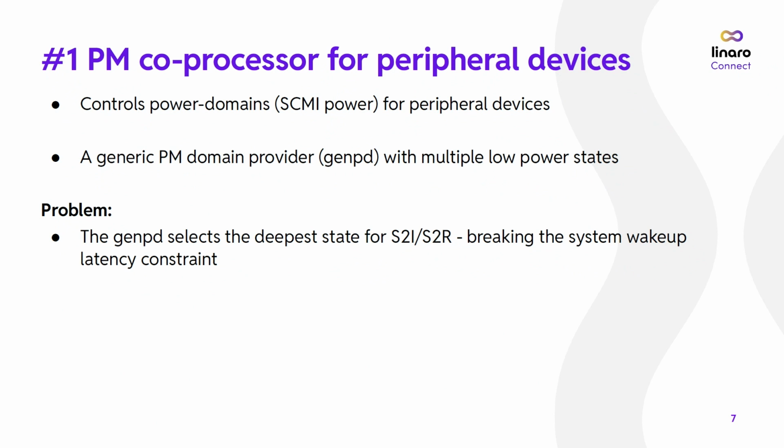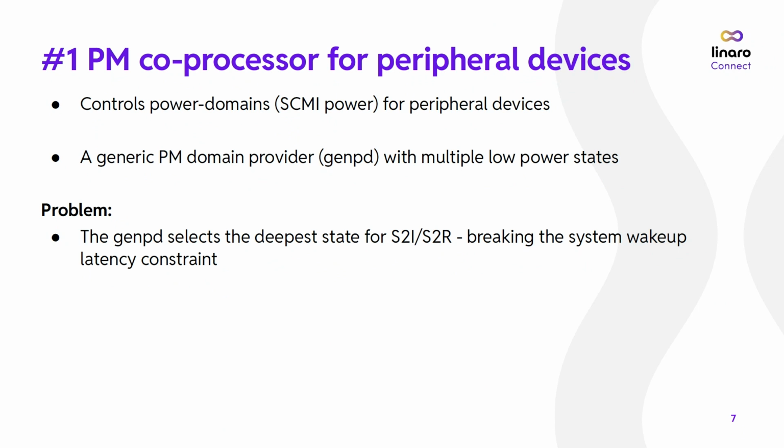They have a power domain that is controlling peripheral devices, and that power domain has multiple states. The way we model this today is through the generic power domain framework in the Linux kernel. And if that power domain has multiple states, that's also been taken care of by this generic power domain framework.